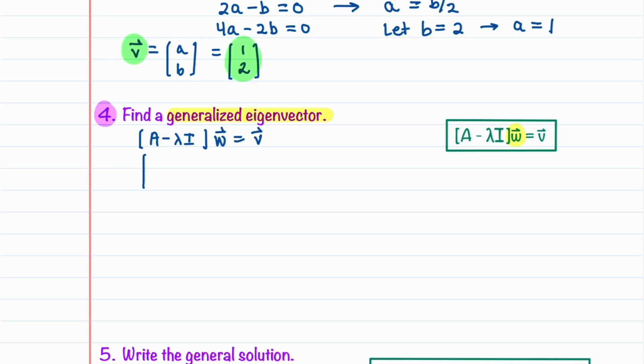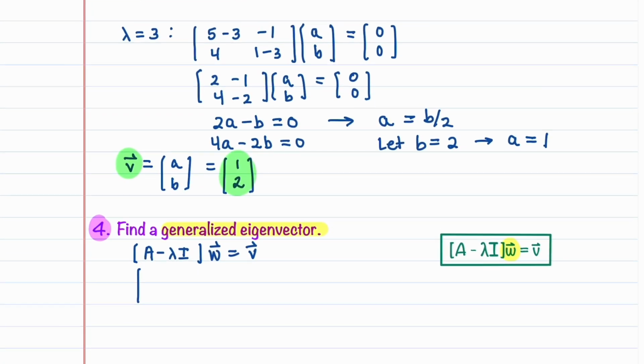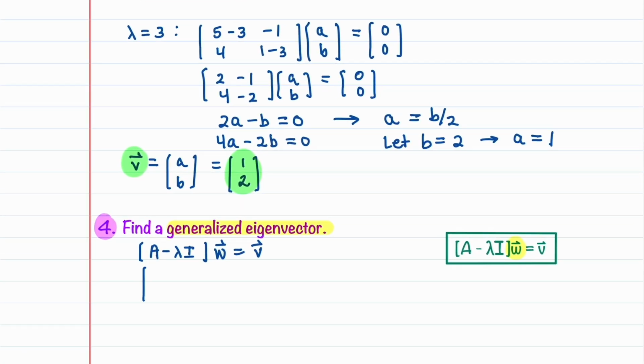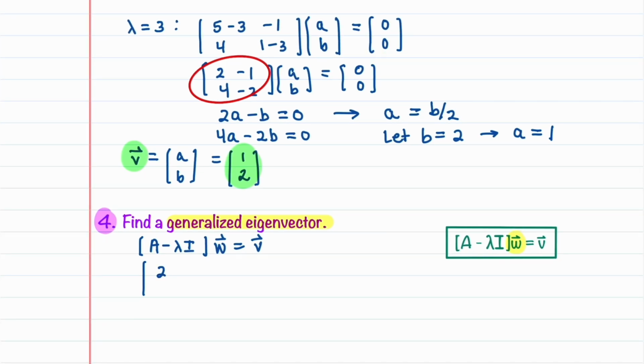A minus lambda I is just what it was before. Let's go up here and I'll show you where that comes from. It is right here. So we have [2 -1; 4 -2], and now we're going to multiply this by w. I'm going to call the components of w, w1 and w2, and it is equal to vector v, which we just got, and that's 1, 2.